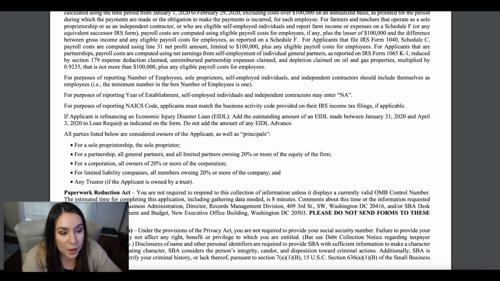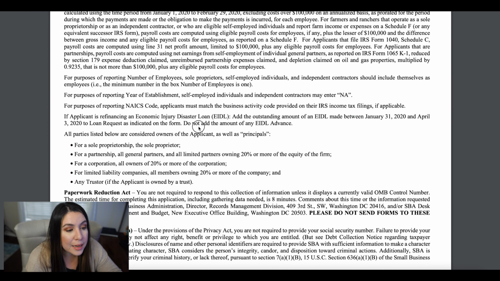If you're refinancing an EIDL, the Economic Injury Disaster Loan, not the advance, the loan, add the outstanding amount of an EIDL made between January 31st, 2020 and April 3rd, 2020 to the loan request as indicated on the form.